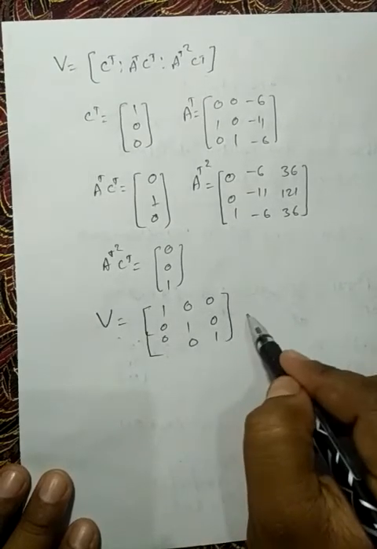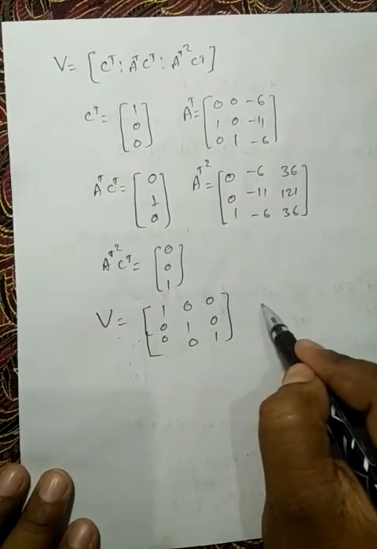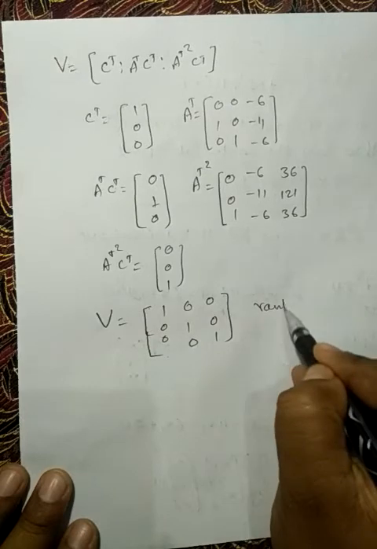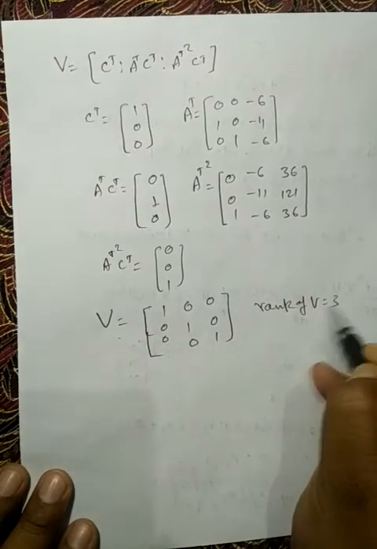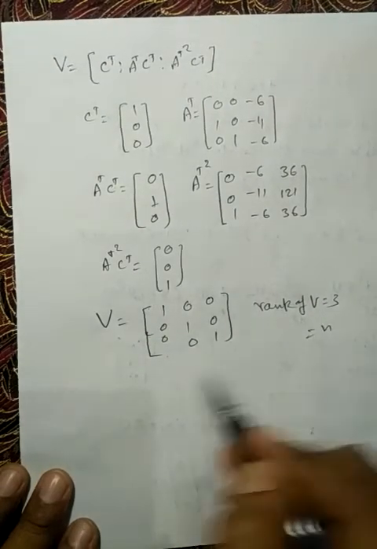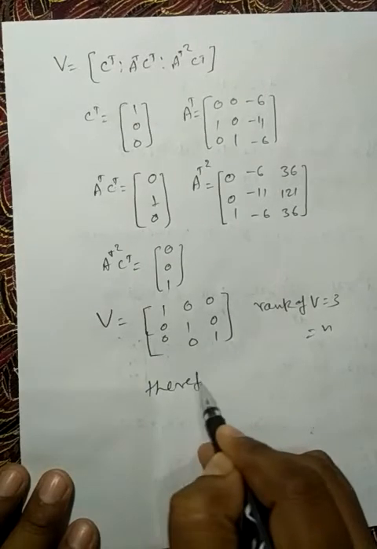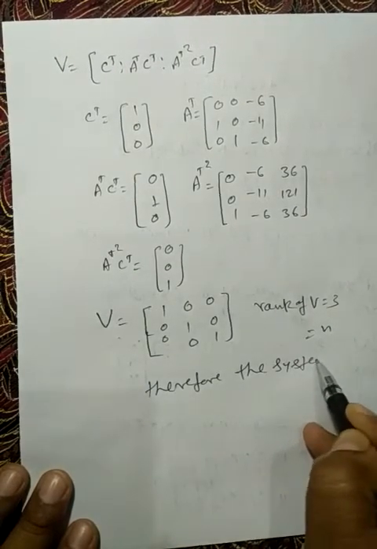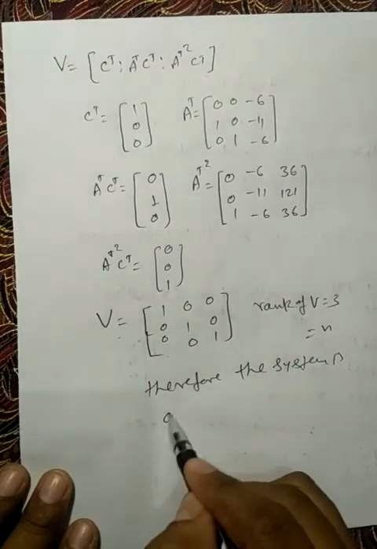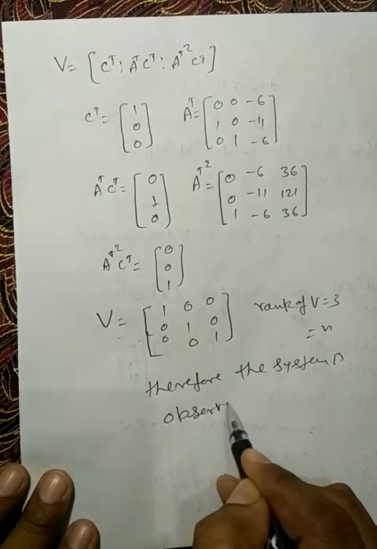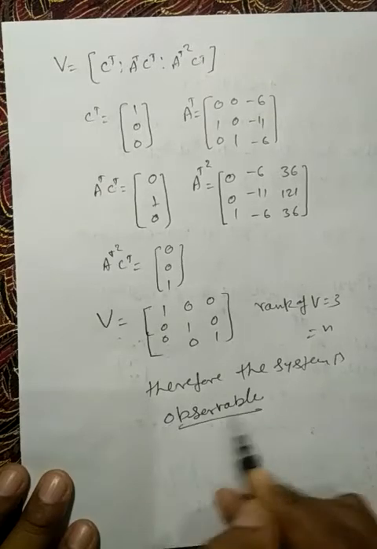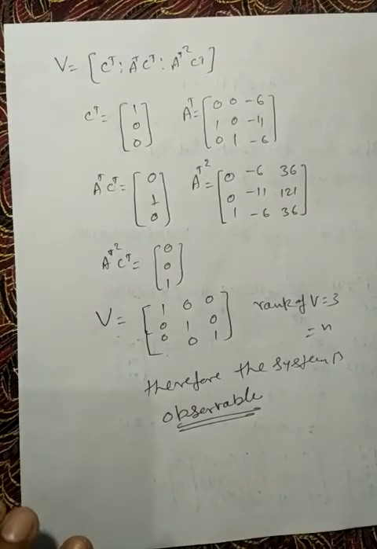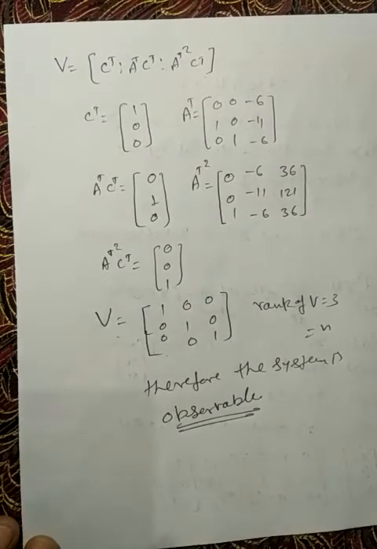Obviously it is an identity matrix, and rank of V is 3, which is equal to n. Therefore the system is observable. The system is observable, right?